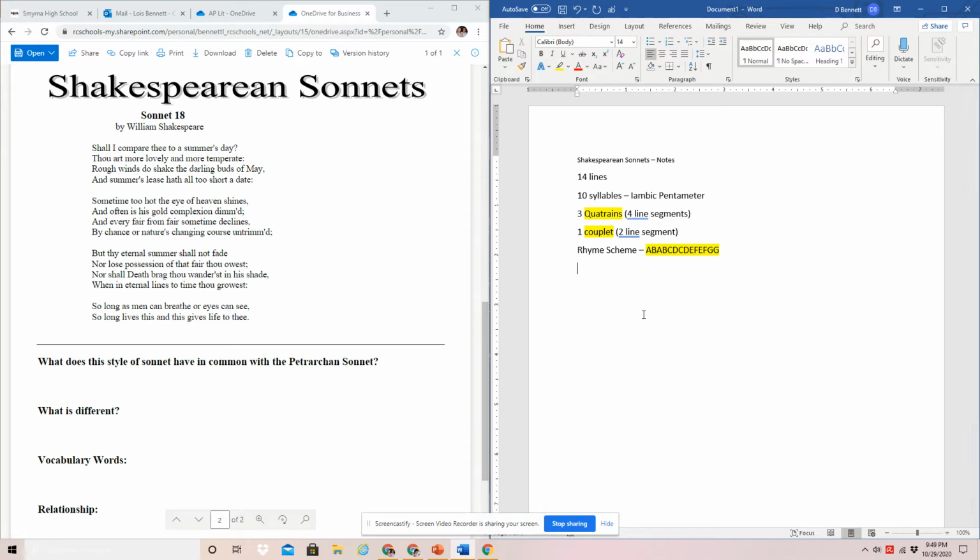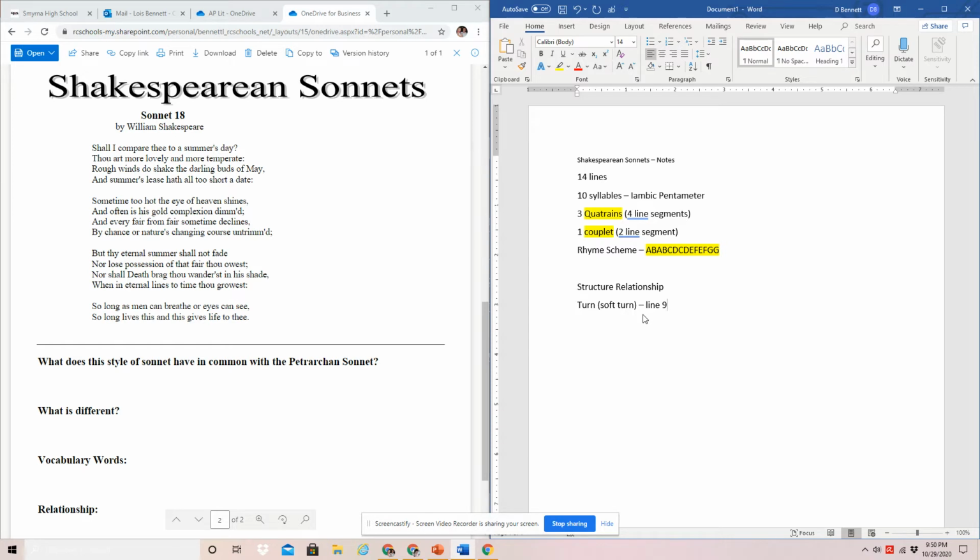The relationship between the parts of the Shakespearean sonnet also works out a little differently than the structure in a Petrarchan sonnet. The structure in a Shakespearean sonnet has one similarity, and that is that there is a turn, or what I like to call a soft turn, at line 9.